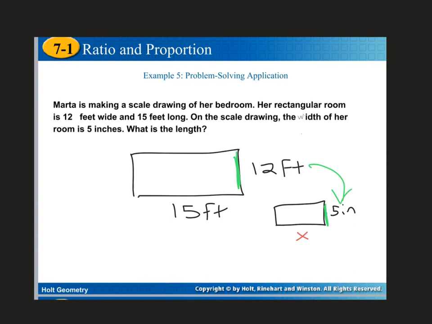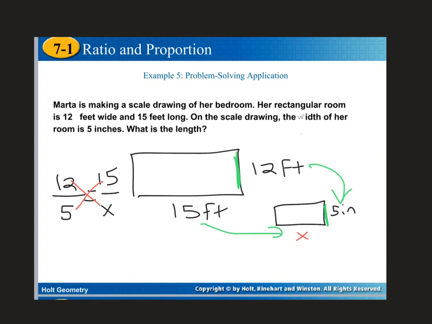So 5 is going to go with 12, and 15 is going to go with X. It's important that you set it up correctly, so if I start with the larger room, 12, I'm going to go, Marta's drawing is 5. And that's going to be equal to, I have to start with the larger room again, 15, and then on the bottom I'm going to have the X. This would be the problem that I need to solve.